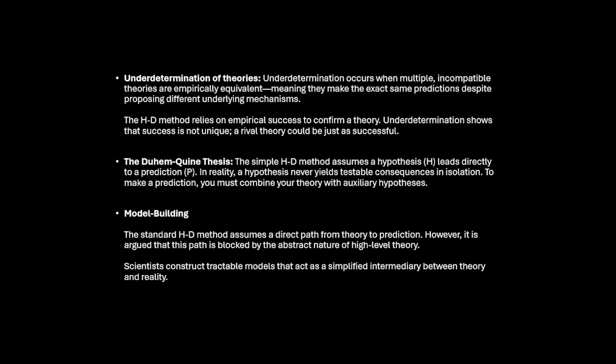You cannot deduce experiments straight from the core theoretical principles because the core propositions of physics are too abstract and don't actually link to anything you can see. So deducing an experiment from such a high-level theory may not be possible.